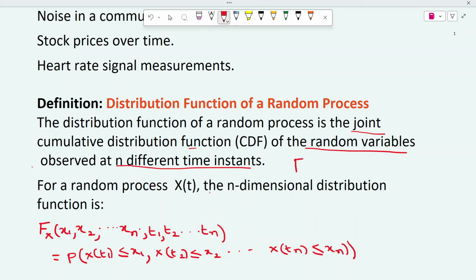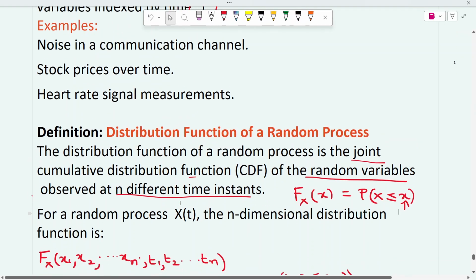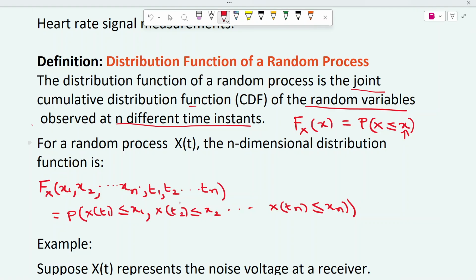So for a random variable we have defined Fx of x as simply the probability that the random variable takes values less than or equal to small x. Here the random process is indexed by the time instant, so that is why we are denoting the random process as X of t.